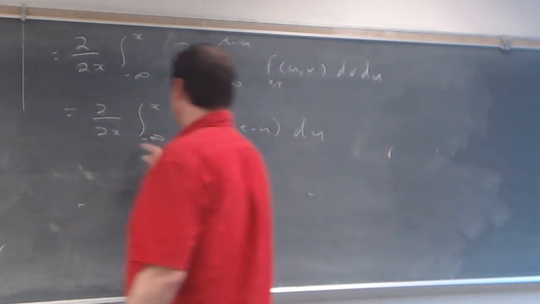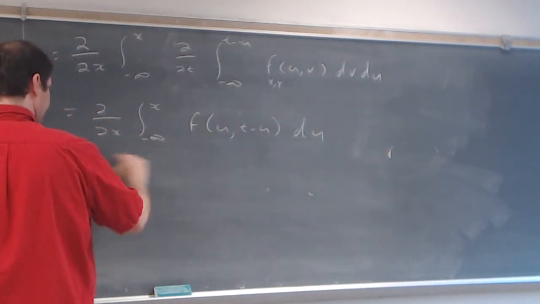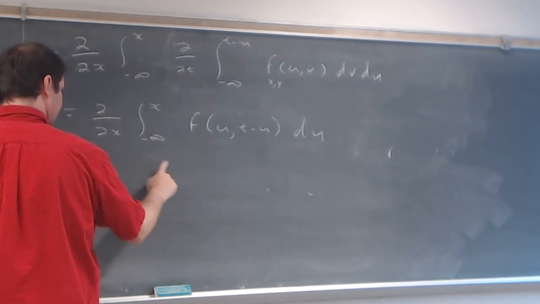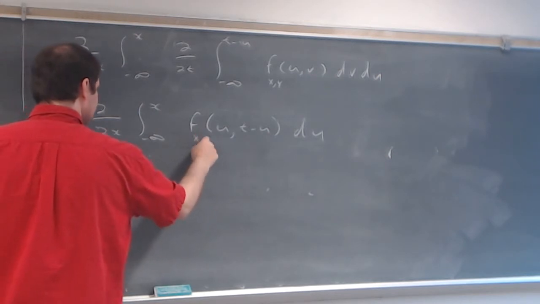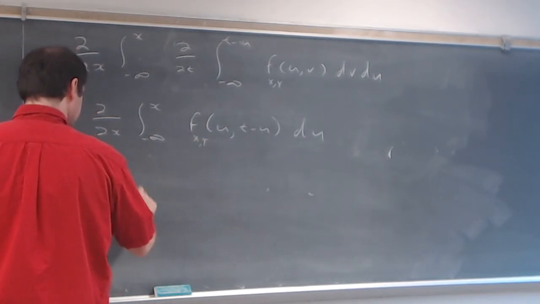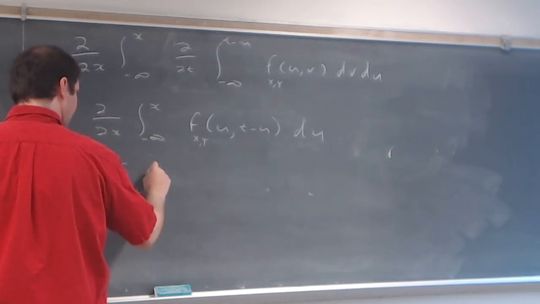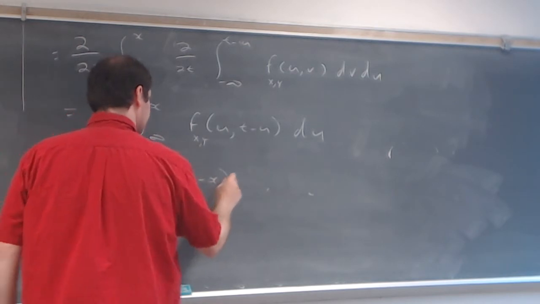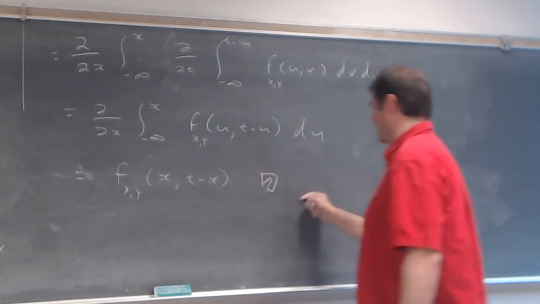And then, when we do this partial, with the fundamental theorem of calculus, this is going to be equal to f of x, y, the joint PDF of x and y, evaluated at x and then t minus x. And that's the answer we get.